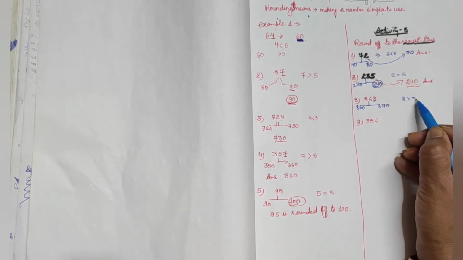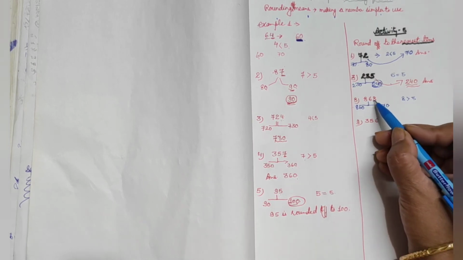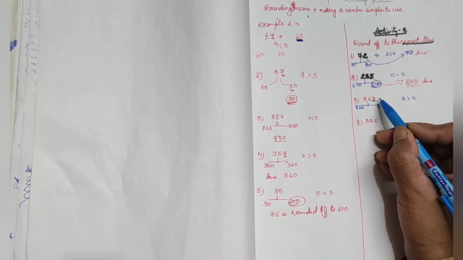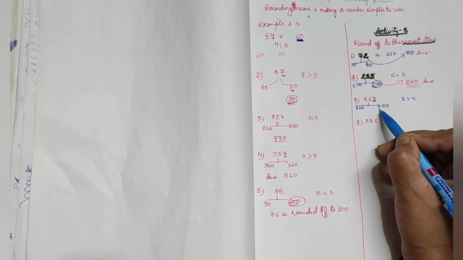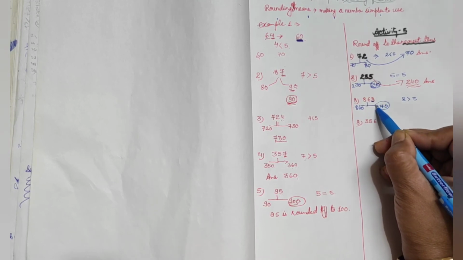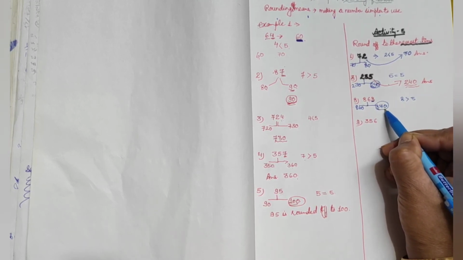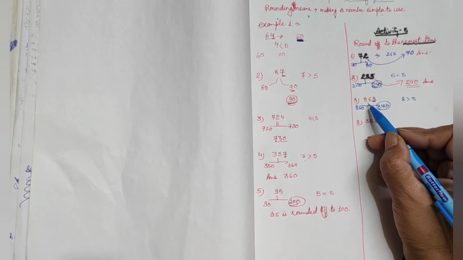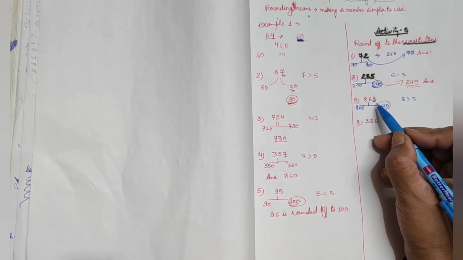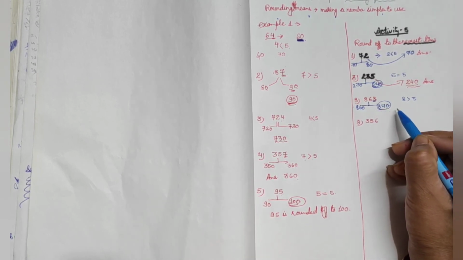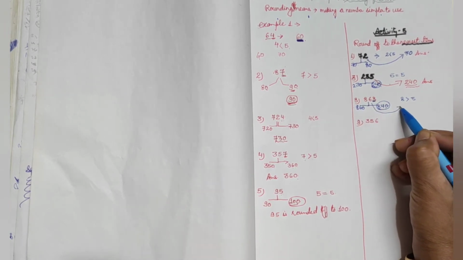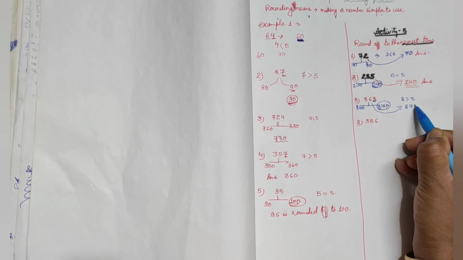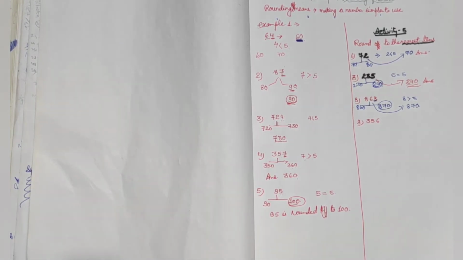And according to the rule, if the digit at the ones place is more than 5, we round up to the upper number. And the upper number is 870. So 868 is rounded off to 870.